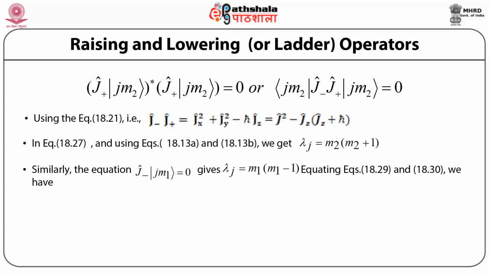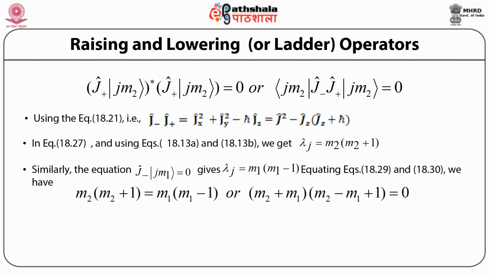Now equating equations 29 and 30, we have m2 into m2 plus 1 is equal to m1 into m1 minus 1, or I can say m2 plus m1 into m2 minus m1 plus 1 equals 0.